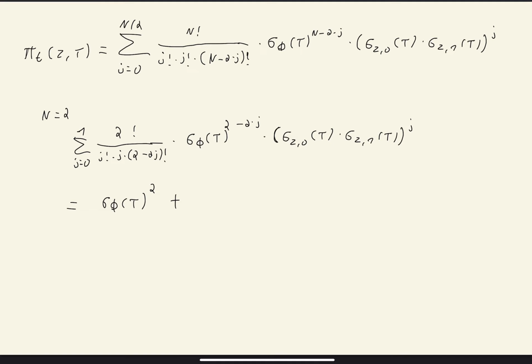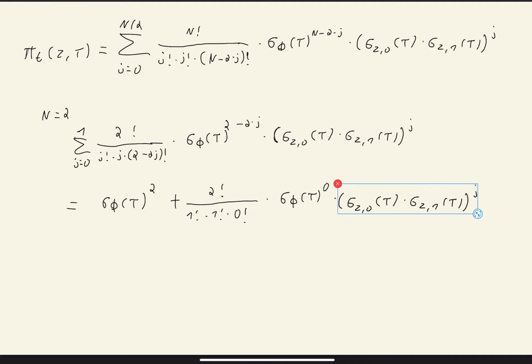To this, we obviously add another possibility, which is 2 faculty divided by, now j is equal to 1, so 1 faculty times 1 faculty times 0 faculty, times sigma phi tau by the power of 0, times, now we can again copy this here, by the power of 1.